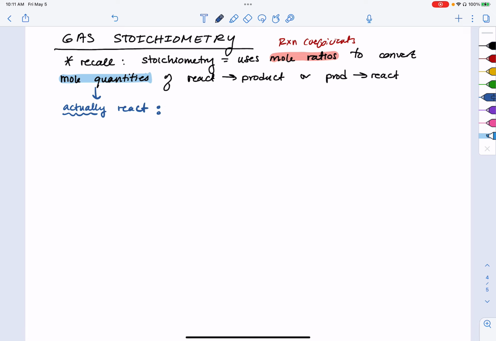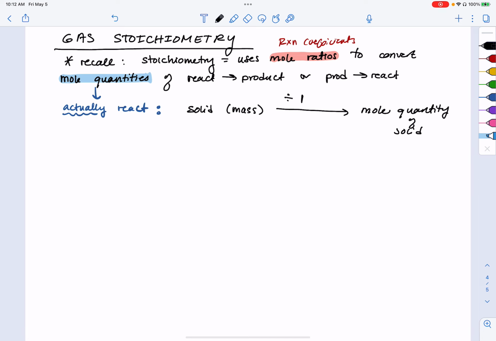So let's remind ourselves about how we can get mole quantities typically. If we have some solid that has a mass, we can get to moles of that solid by dividing by the molar mass.